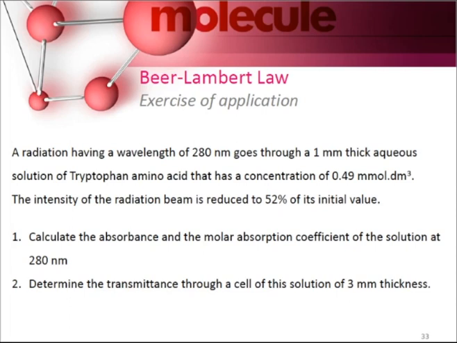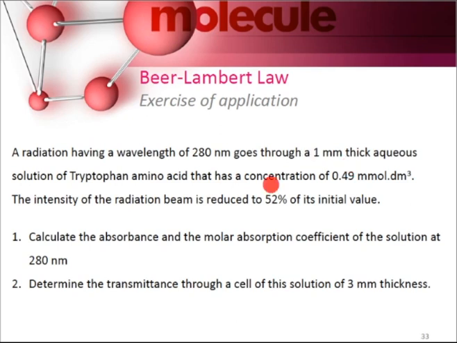So the situation is the following: a radiation having a wavelength of 280 nanometers, so we are sending light at 280 nanometers, that goes through a 1 millimeter thick aqueous solution of tryptophan amino acids. So the length of the container, or the path of this radiation of light, is 1 millimeter.